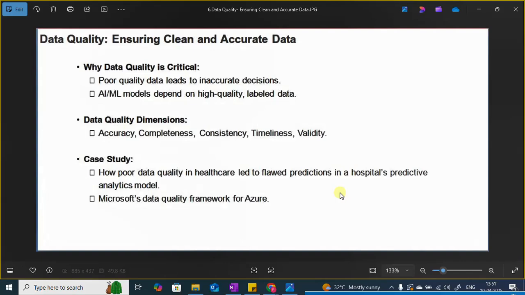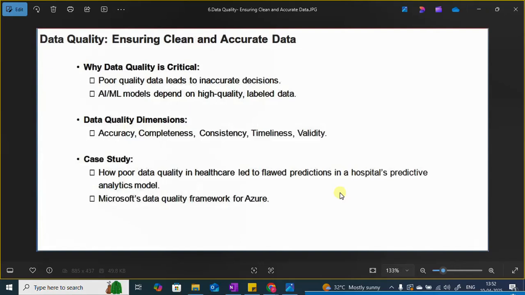Very little data should be missing, otherwise it will create the hallucination problem. What do you mean by hallucination problem? Maybe the data quality is not good, but the model behaves as if it is good and gives a certain accuracy, which in real time doesn't make sense. It will drop, so it will create a lot of hallucination problems altogether.